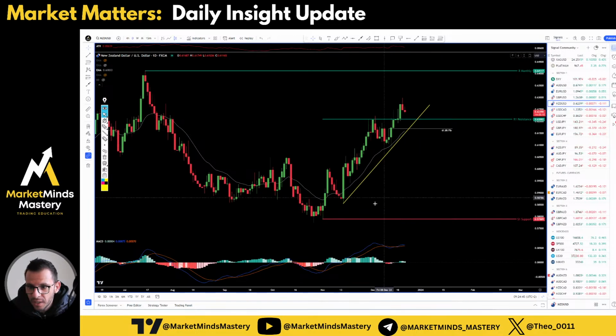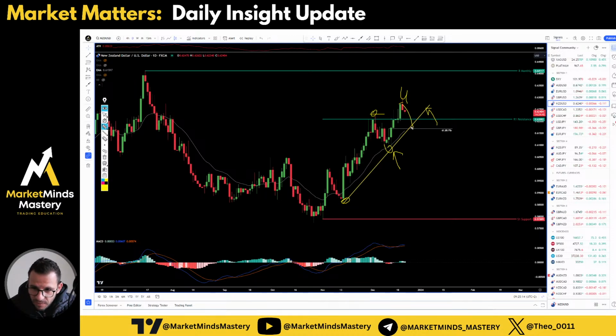Same with the New Zealand dollar. Here is a trading plan for you. This upward trend line is well defined. We have points 1, 2, 3, and the fourth point two days ago. It developed a close above the previous high, which validates this trend line. So as long as price is above the trend line, we are looking to buy.